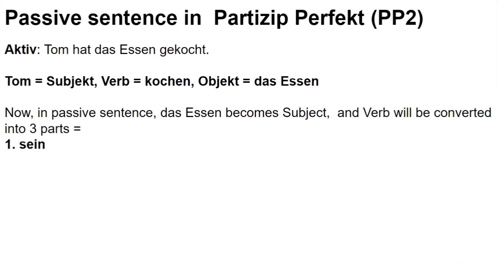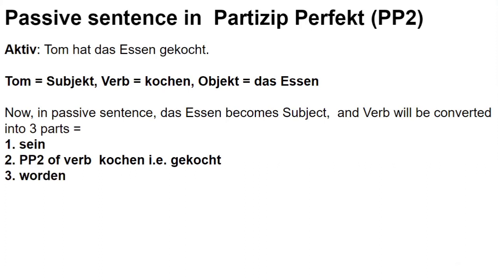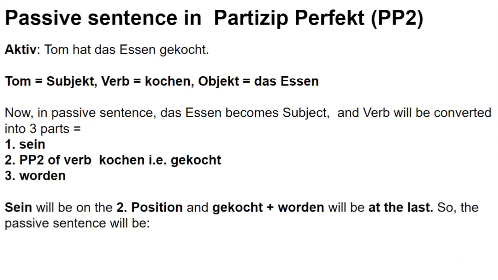Nummer 1, sein. Nummer 2, PP2 of verb kochen, that is gekocht. Then Nummer 3, worden. So here, sein will be on the second position and gekocht plus worden will come together at the last. So das Essen ist gekocht worden.